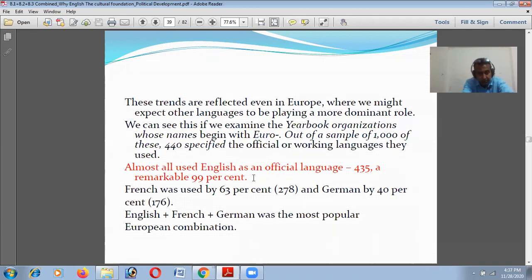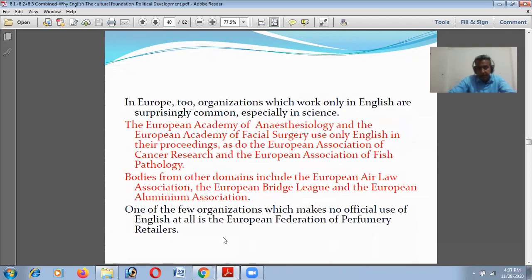Other languages are used in combination: they use English, either French or German. The European Academy of Anesthesiology and the European Academy of Facial Surgery use only English. Bodies from other domains include the European Air Law Association, the European Bridge League, the European Aluminium Association. They also use the English language.